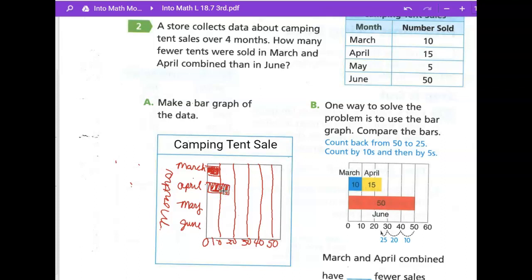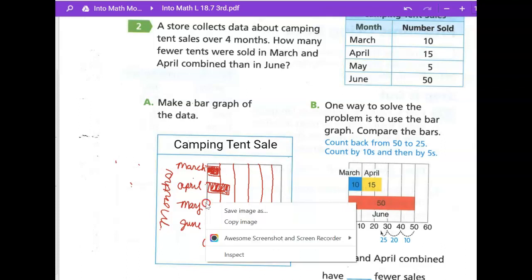And then May has, so how are we going to draw that? Kayla, what are we going to do for 5? Since we're at 10, we're going to go halfway before we get to the 10. There you go.